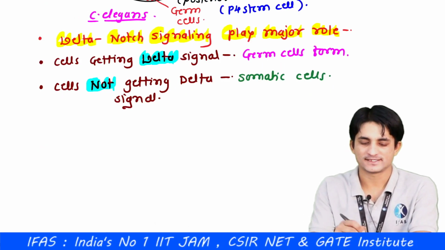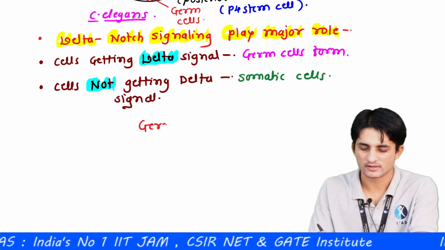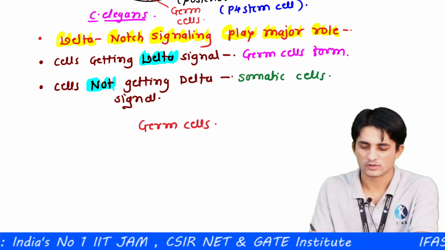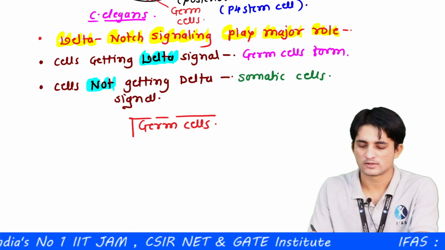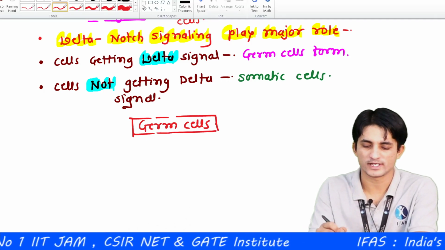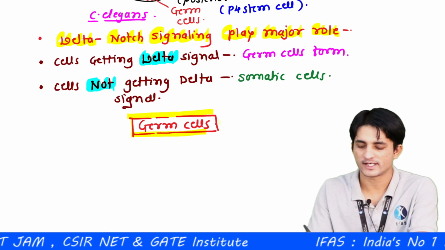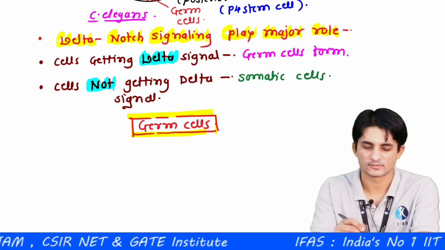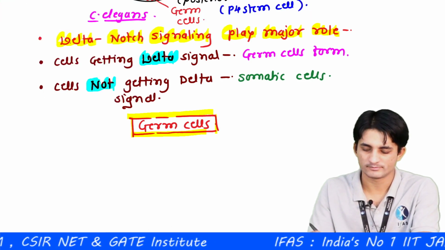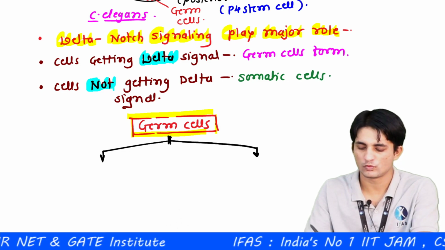Then in C. elegans, the germ cells convert into either spermatogonium or oogonium.